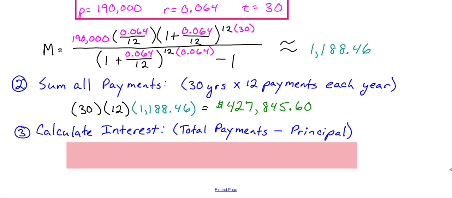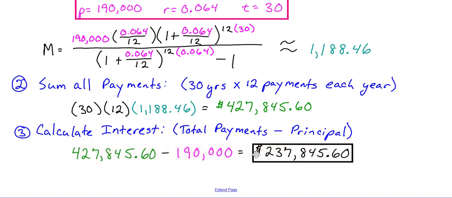Now, to calculate the interest, we take that total payments amount and we subtract what was the original cost of the house. So we take our total payments from step 2 and subtract $190,000. So she is going to pay $237,845.60 in interest over the life of the loan.